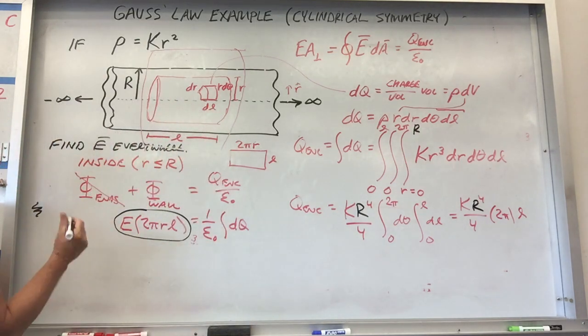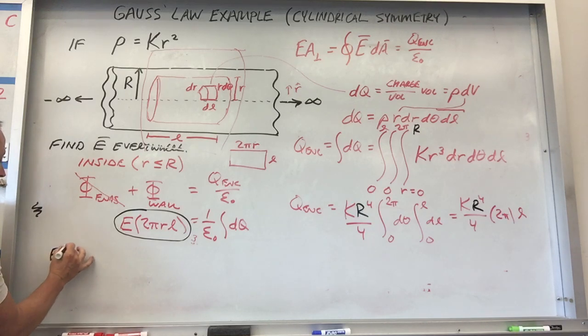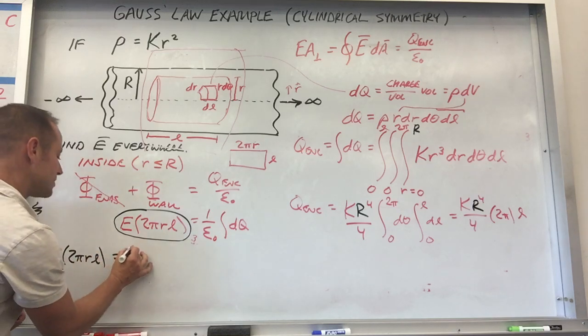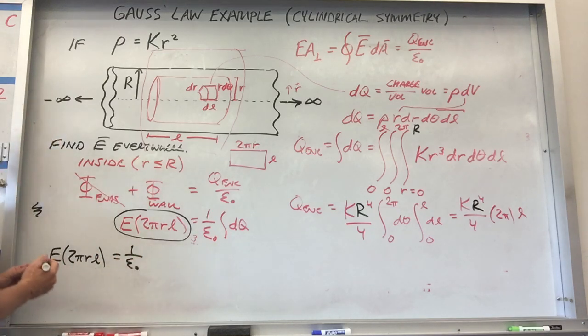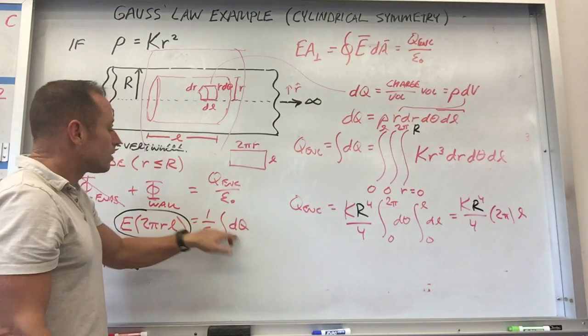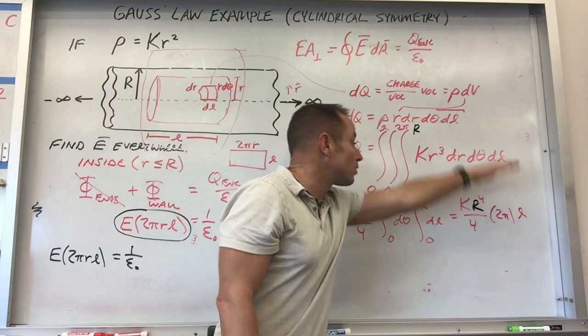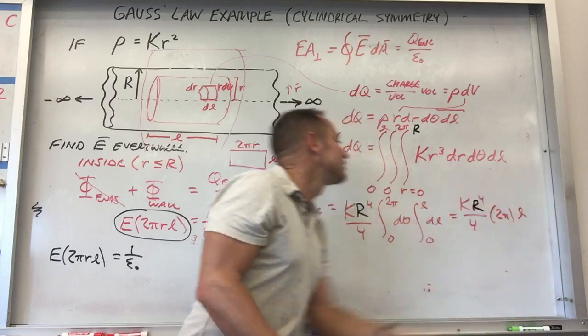The left side of Gauss's law is still going to give us E A perp, E times 2 pi R L. That's the left-hand side. On the right-hand side, we still have that 1 over epsilon naught. But now our enclosed charge does not depend on the radial coordinate. It's just a big constant, right?